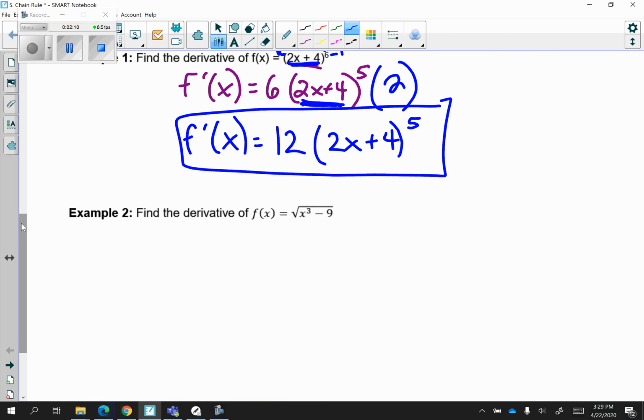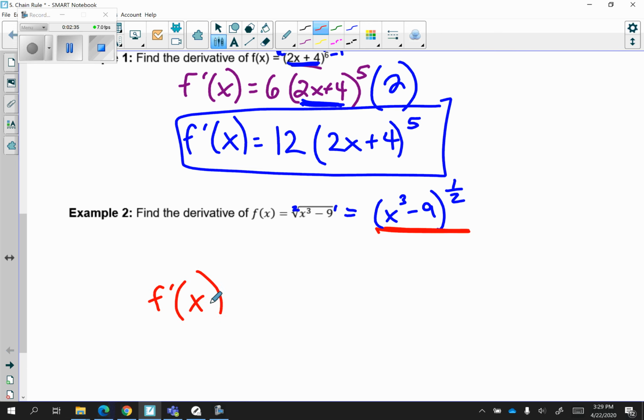Find the derivative of f of x is equal to the square root of x to the third minus 9. So I'm just going to rewrite this as x to the third minus 9 to the 1/2 power. Remember, square root has an index of 2 here and a 1 here. So let's see, f prime of x.